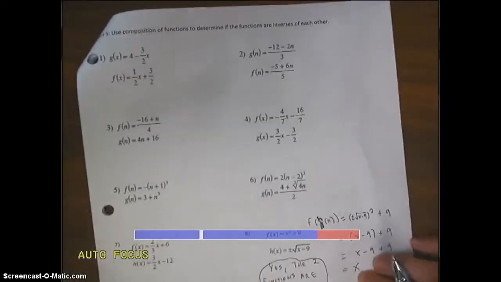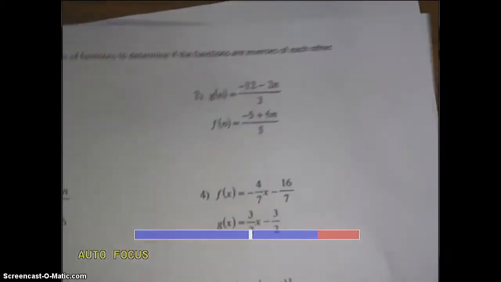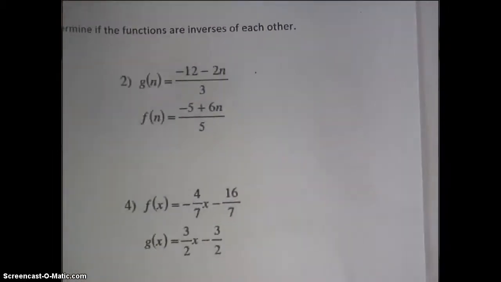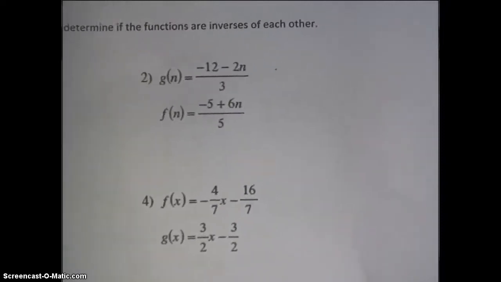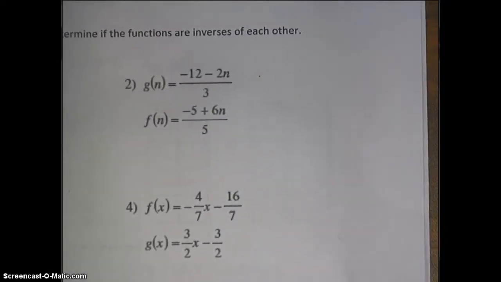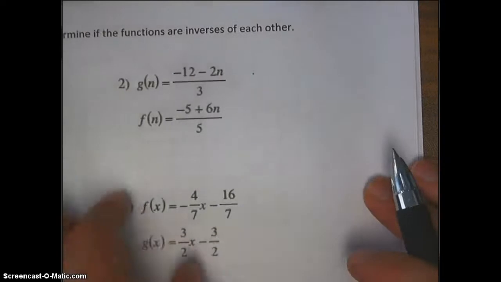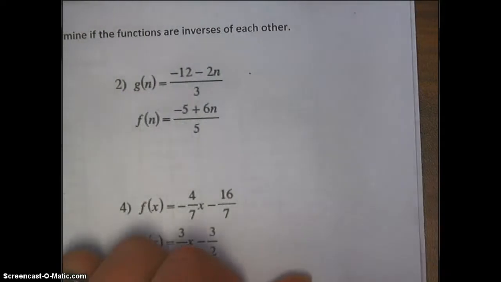So I thought I'd do one more like that. So pick one that looks scary. Why don't we try number 2? And we'll give number 2 a shot. So it's the same process. Start with g of f of n or f of g of n.